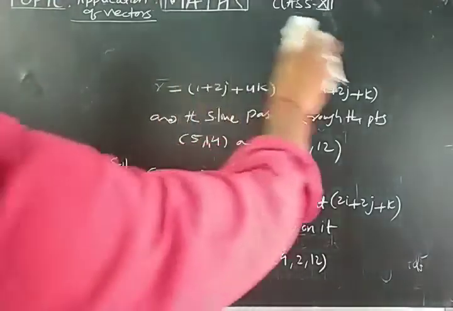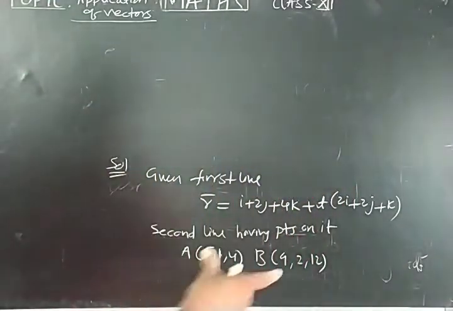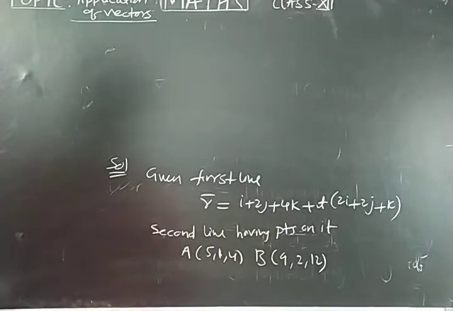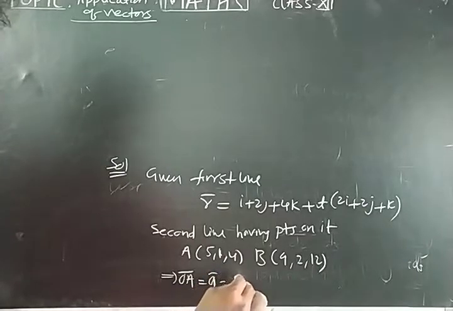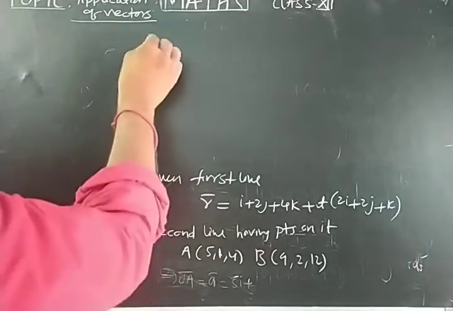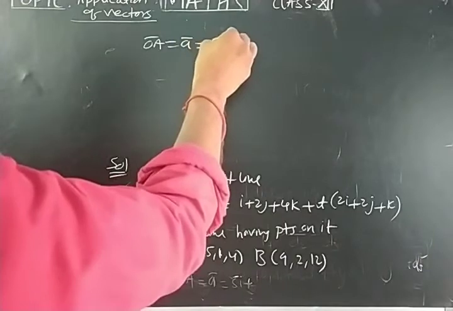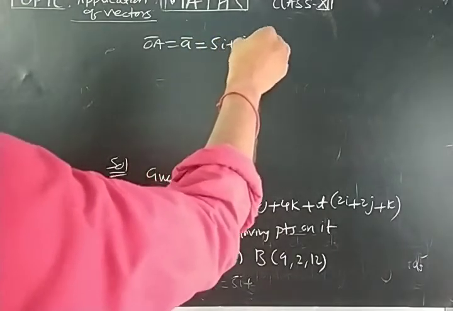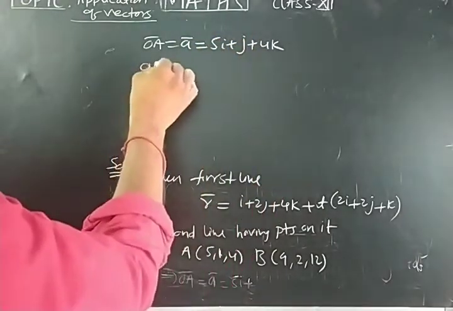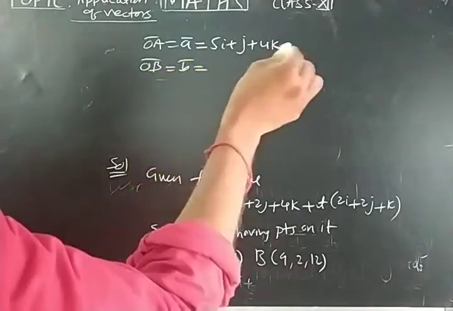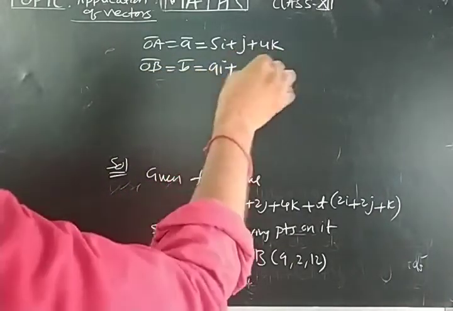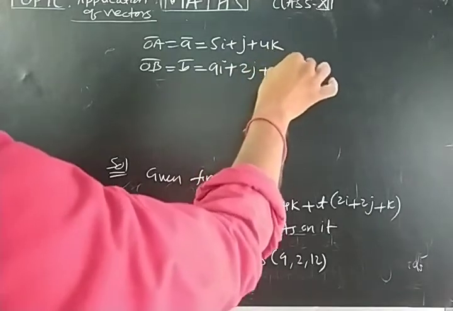Now I am converting the second line into parametric form. If a straight line passes through 2 points, we need the OA vector, denoted by a bar, the position vector of A, which is 5i plus j plus 4k. Similarly, the OB vector, denoted by b bar, is 9i plus 2j plus 12k.